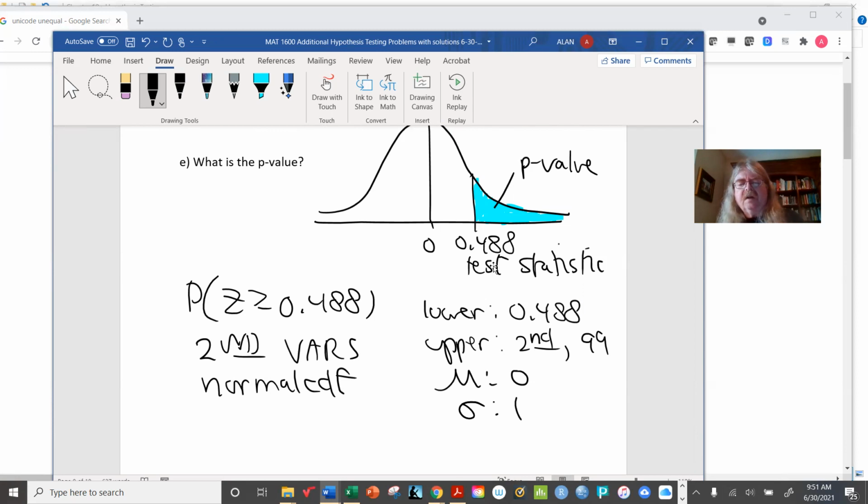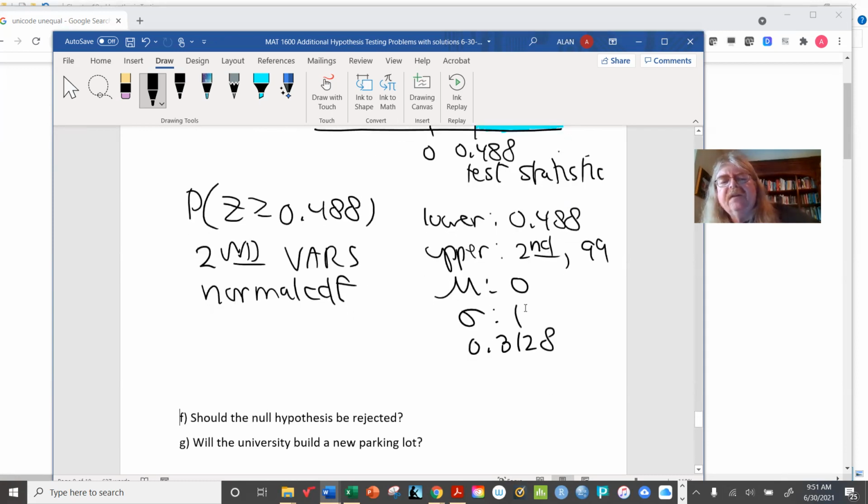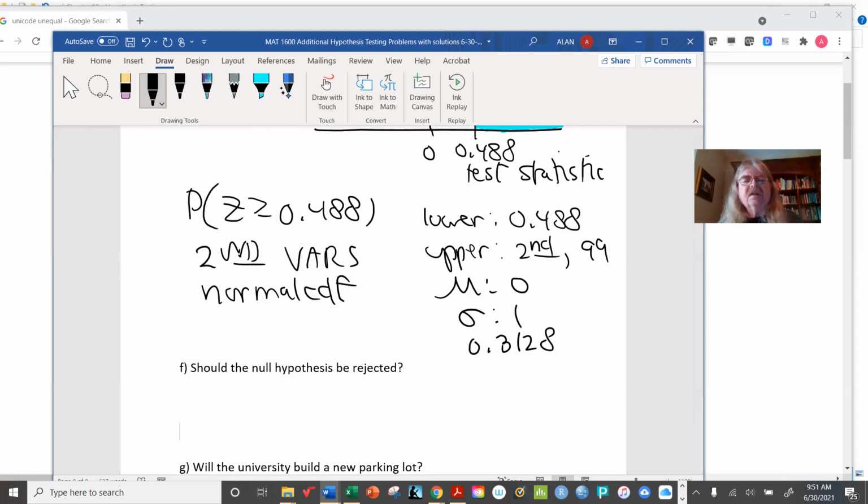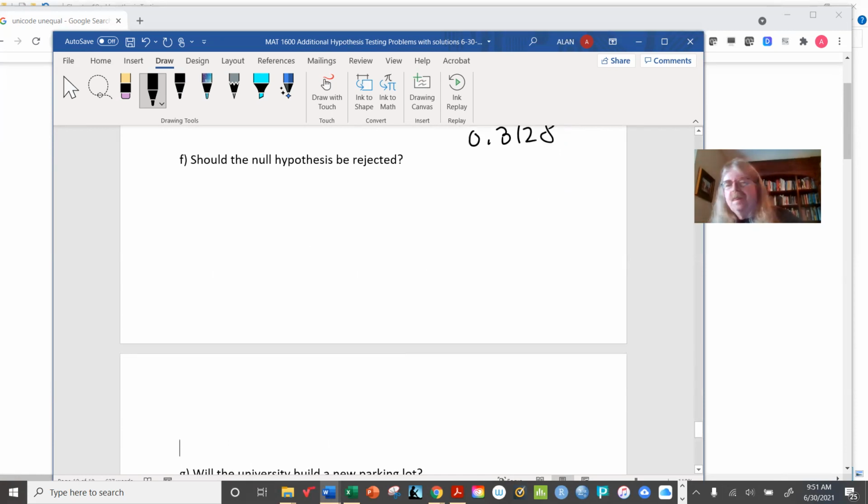And that's going to work out to roughly 0.3128. So now we know that the p-value is supposed to be less than 0.05 to be rejected. It's not even close.